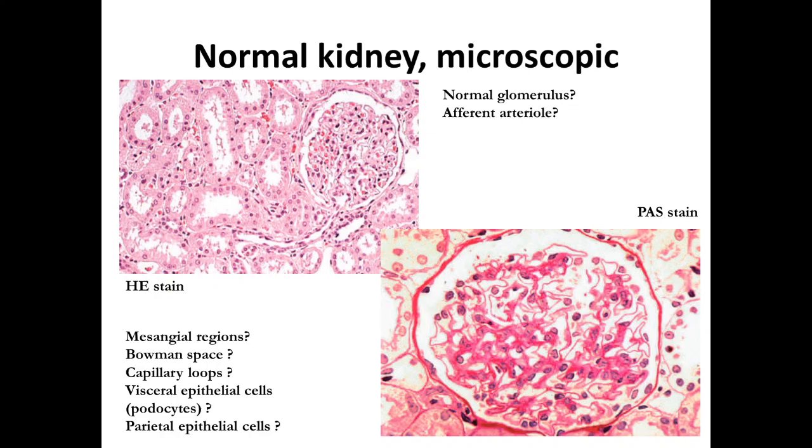Of course, the mesangium is continuous at the hilum with the Lacis cells of the juxtaglomerular apparatus.